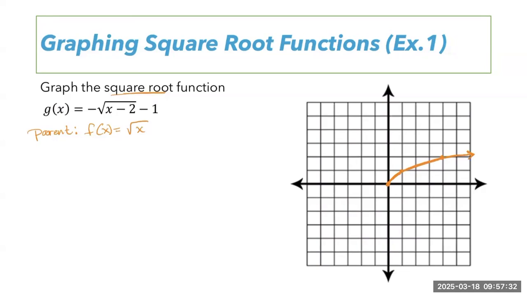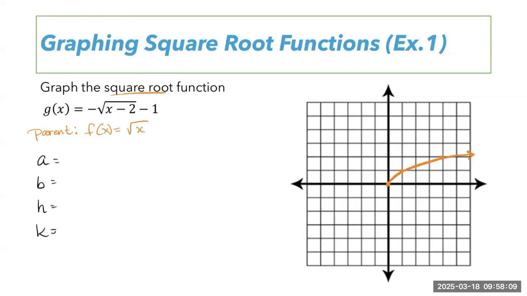Now, when you're just beginning with this kind of graphing, it's not a bad idea to actually go ahead and graph the parent function first and then make the transformations you need to. Eventually, as you get more confident with doing the graphing, you can just think about what the parent function looks like and then make your changes from there. Okay, but that's the first step. Identify the parent function and what that graph would look like. Then we're going to identify those values, a, b, h, and k.